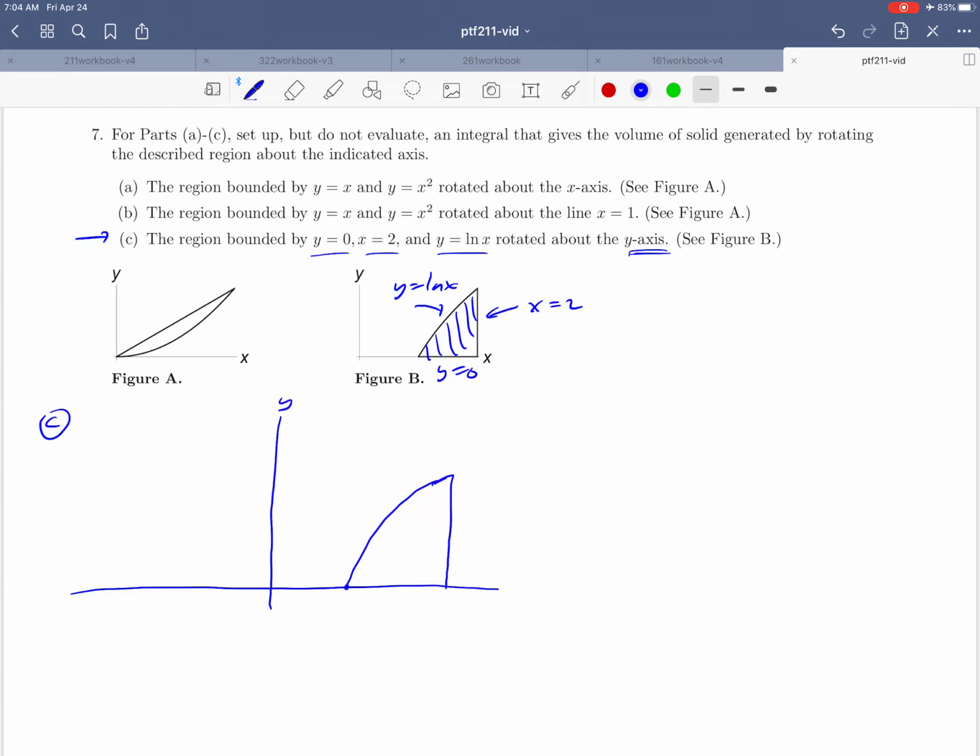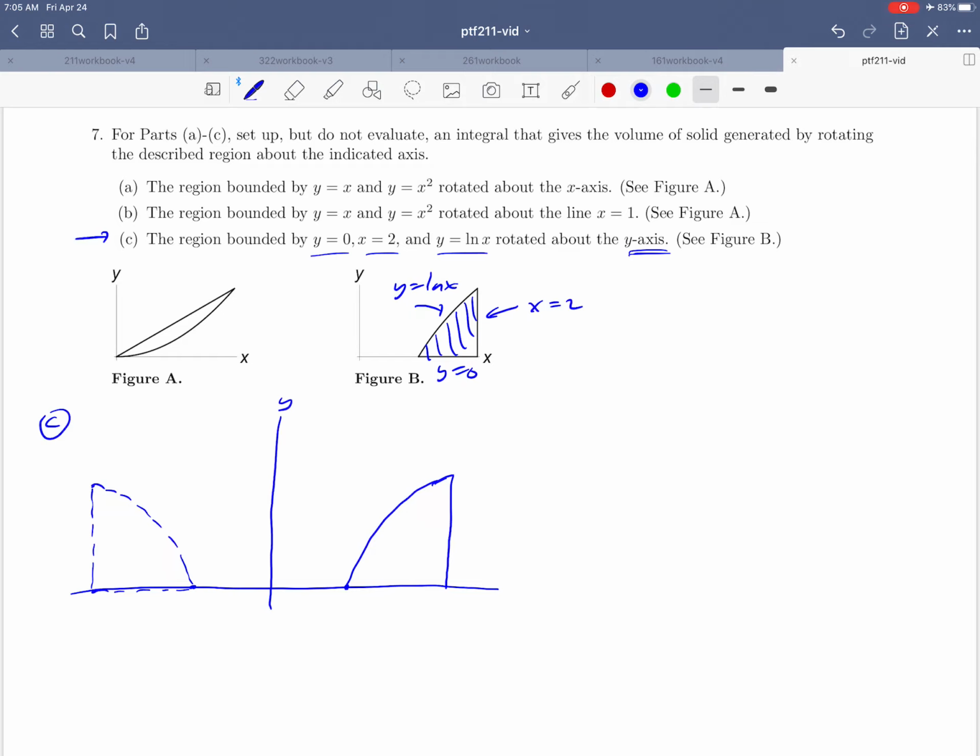So our axis of rotation is sitting here. So imagine every point in that region coming out over on the other side an equal distance away. So I'm going to try to draw the mirror image of this. Okay, so it's going to look like that.